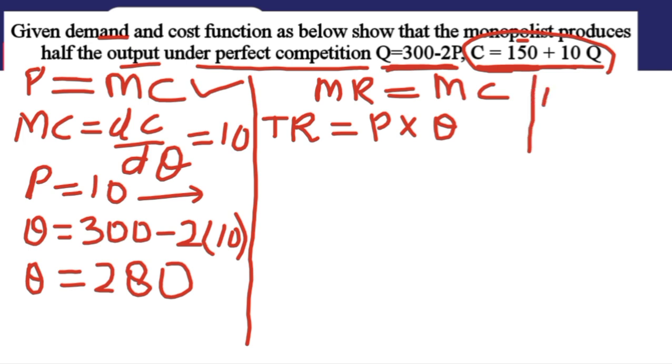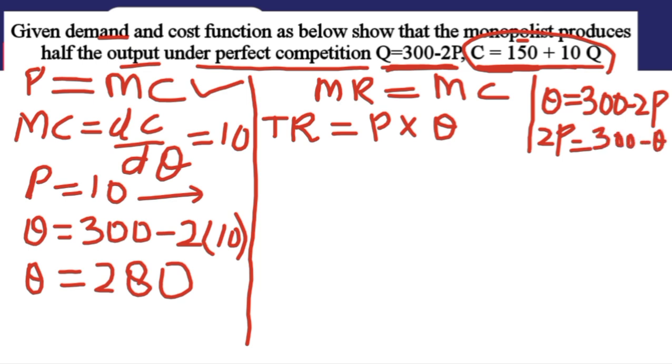Since q is equal to 300 minus 2p, if we solve it for p, we get 2p is equal to 300 minus q. Dividing both sides by 2, we get p is equal to 300 upon 2, which is 150, and transposing 2, it becomes minus 1 upon 2 q.